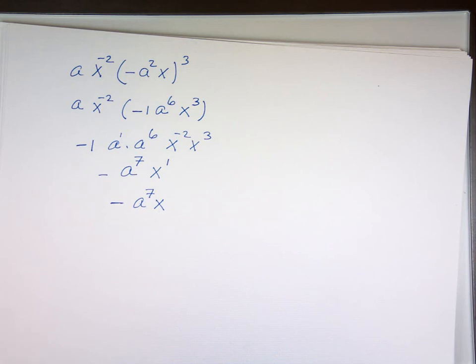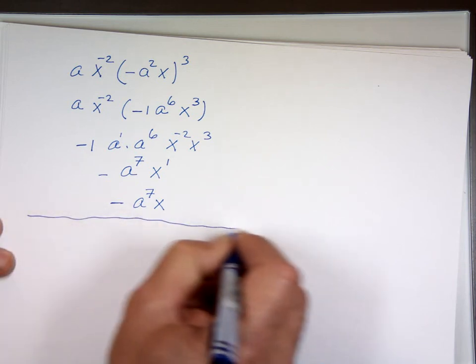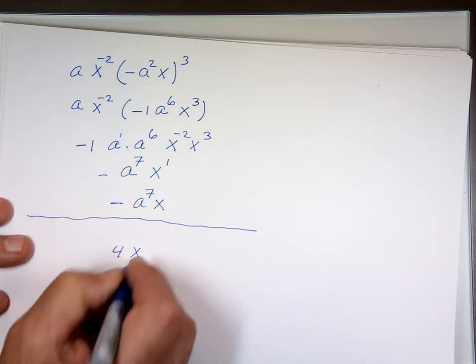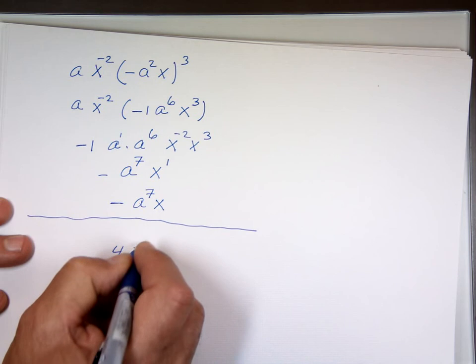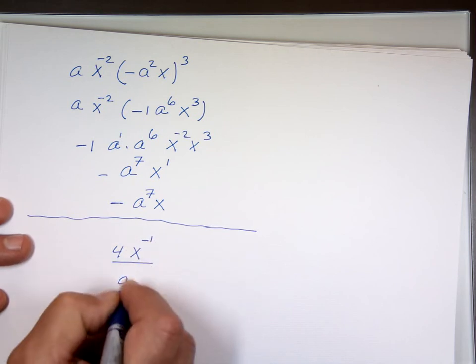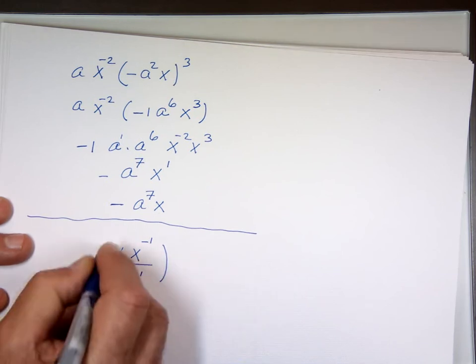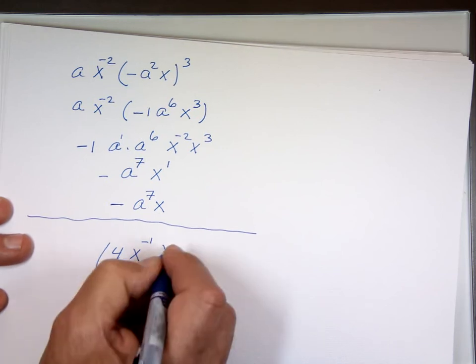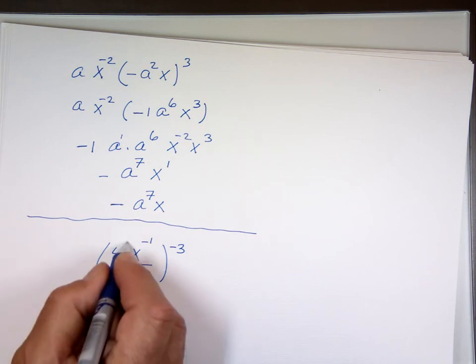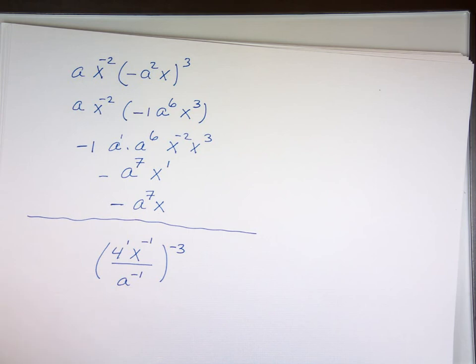I'll do one more. Again, power to power, you always multiply. The 4 has a power of 1 right now. This will be 4 to what power?